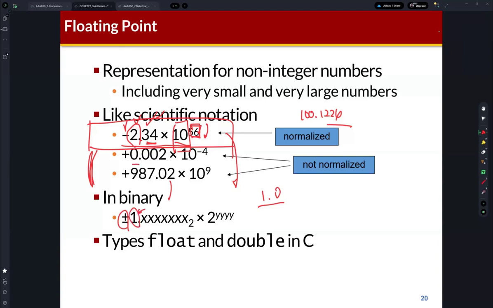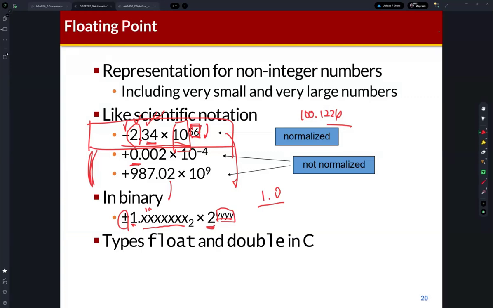Because if we use 0 in this position, it is the not normalized form. So this number is always 1 in a floating point number. And then we can use any numbers for this part, but only 1 and 0, right? And the base is 2. For the exponent part, we can also use any 1 and 0, right?